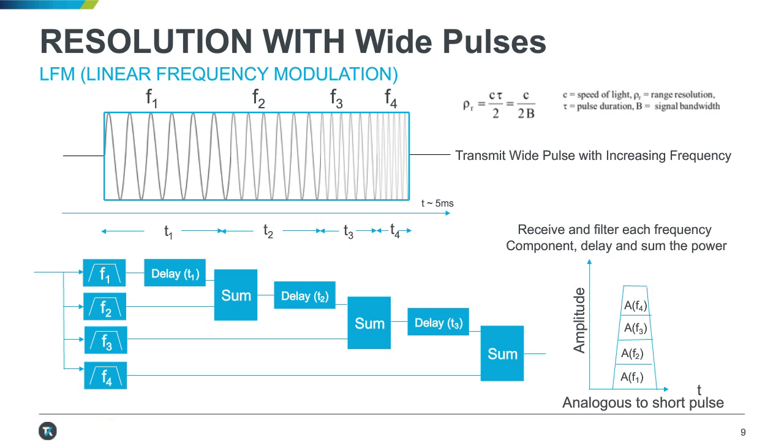And what we get is the equivalent in the receiver chain of the electromagnetic energy summed, all arriving at the same time at the measurement circuit, and giving us a good representation of a narrow pulse, and that is what we need to be able to discriminate multiple targets that are very close together.